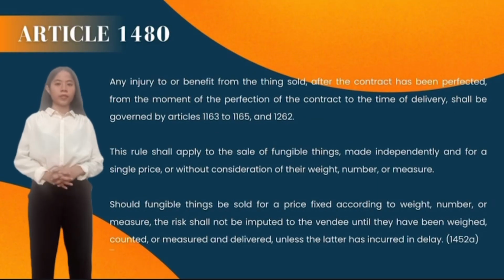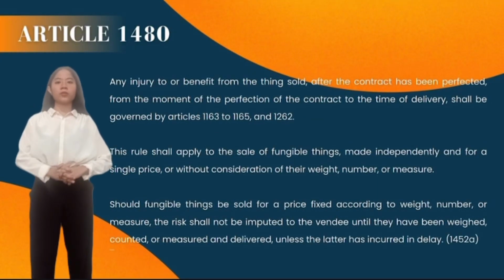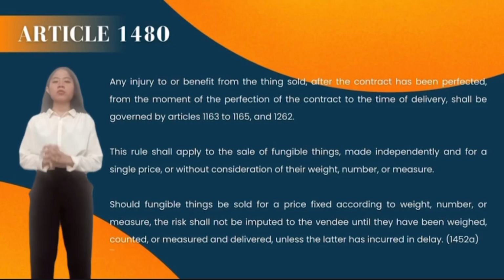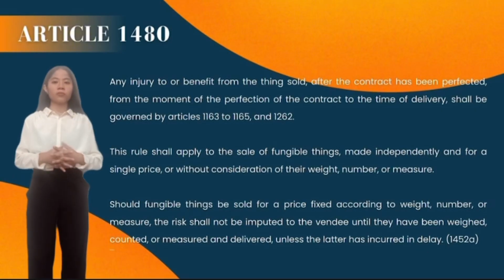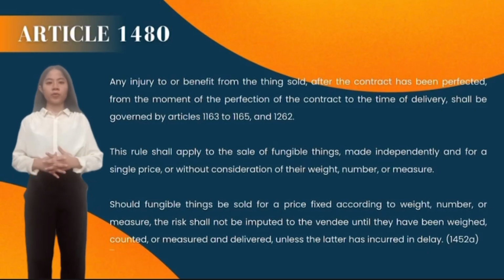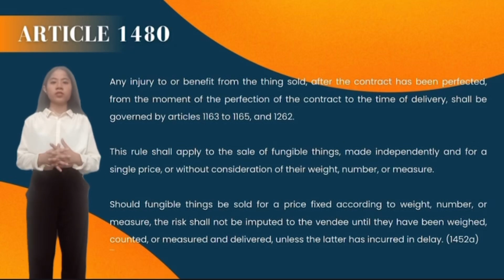Article 1480. Any injury or benefit to the thing sold after the contract has been made, up to the time of delivery. This rule should apply to the sale of fungible things or indeterminate things made independently and for a single price, or without a consideration to the weight, number, and measure.